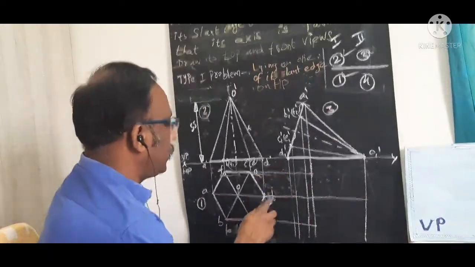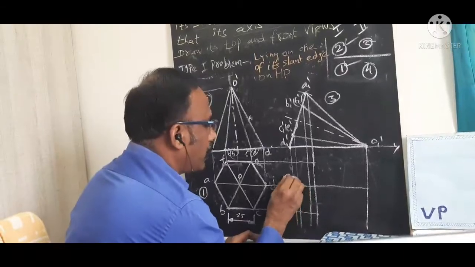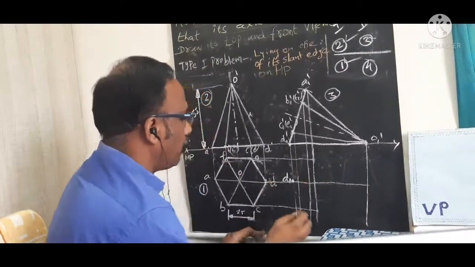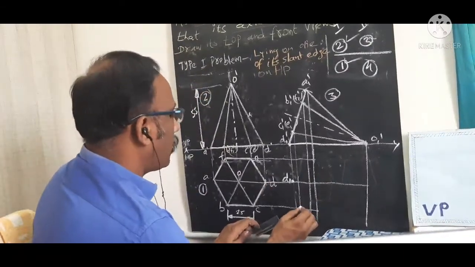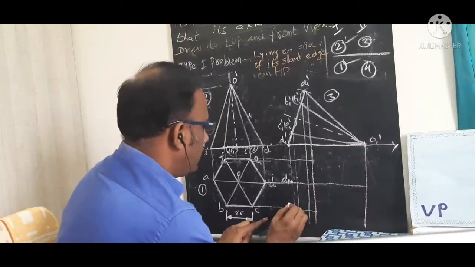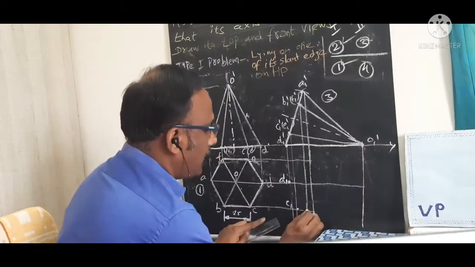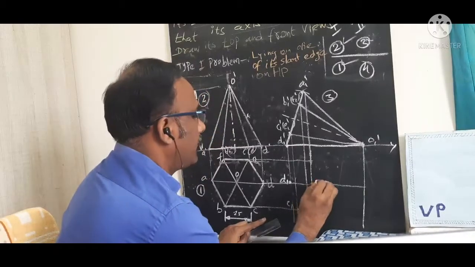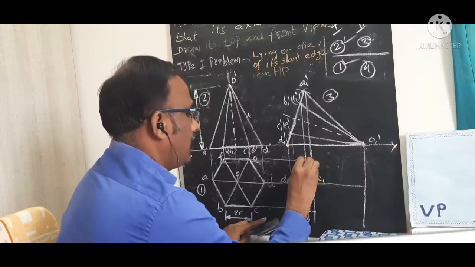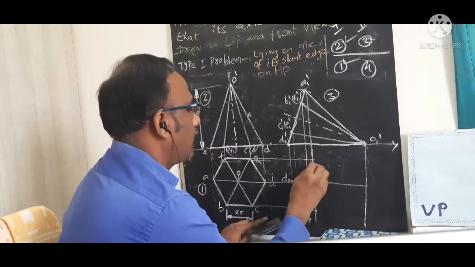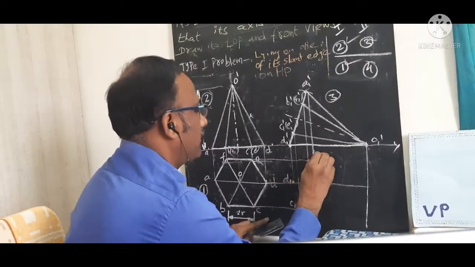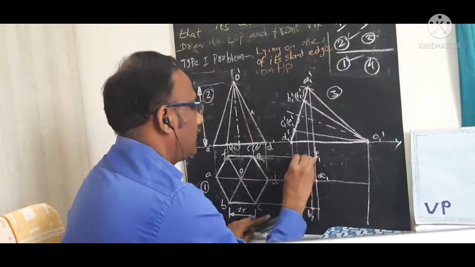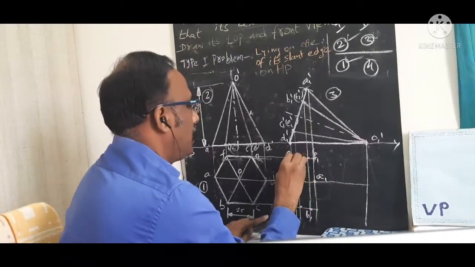Now I am going to mark the meeting points. This D1 dash and D1, I will mark as D1. Then this point is C1, this point is A1, this point is F1, and this is E1.